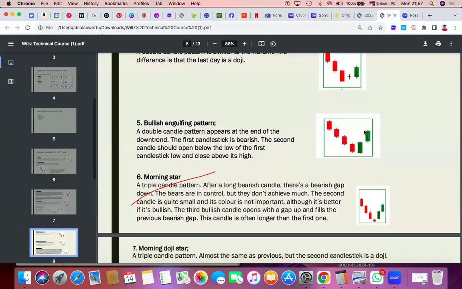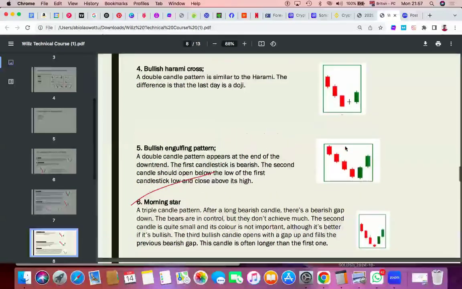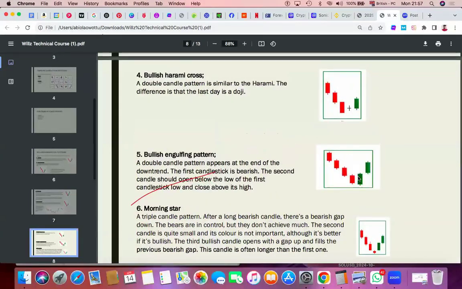So we refer to these as engulfing. When a candle engulfs a candle, you can see three or four consecutive down candle moves, but then you might have just one or two candles that will cover up, that will engulf these other candles here.